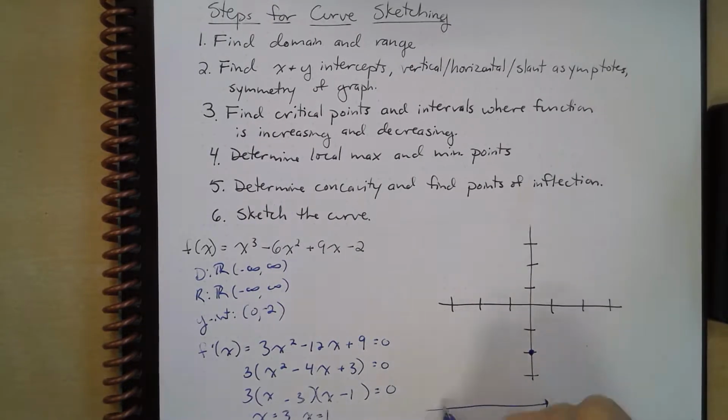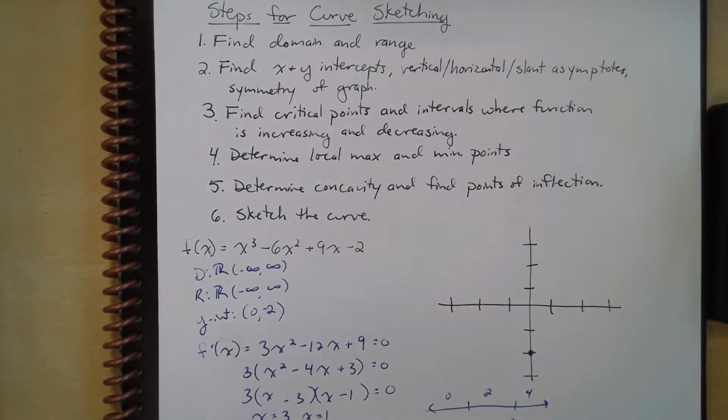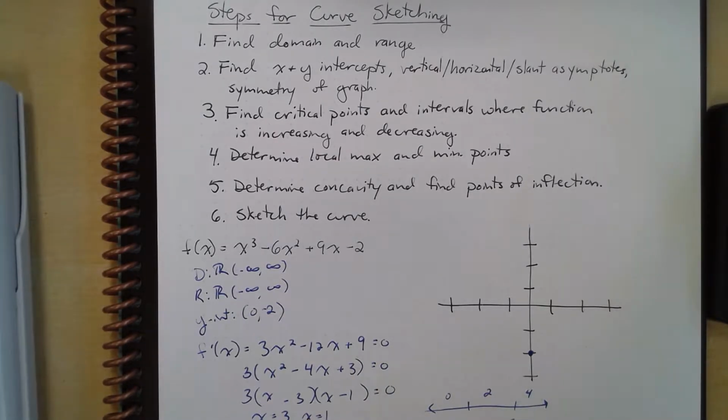I'll do that over here. So I've got 1, 3. I'll test 0, here I'll test 2, here I'll test 4. And you know my old trick, just put it in the calculator. 3 times 0 squared, this is going to be positive.